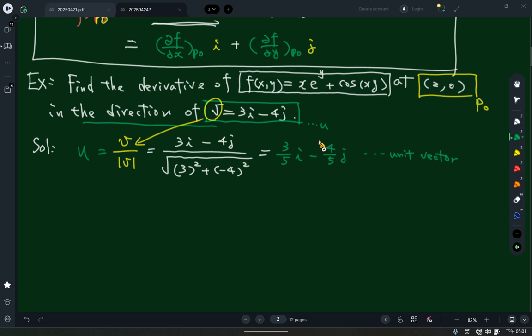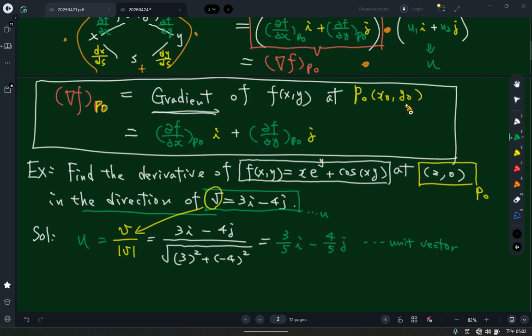So when I give you the direction by this vector, actually it is still not a unit vector. So we need to normalize it to get the unit vector. So right now, u we already have, right? Because we need to fit this formula. So the next step is we need to calculate its gradient.